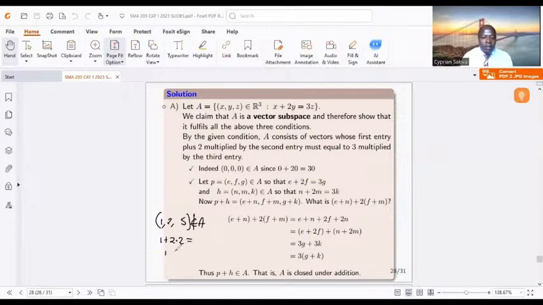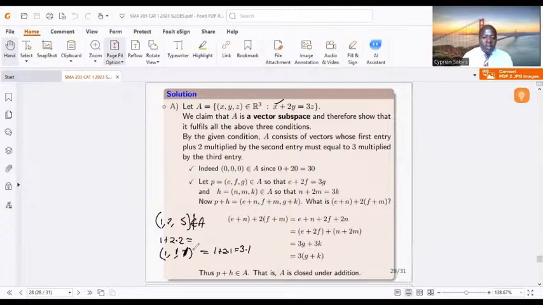What about 1, 1, 3? Let's see if it's in A. 1 for x, plus 2y, where y is 1, gives 2 times 1, which should give us 3z, where z is 1.